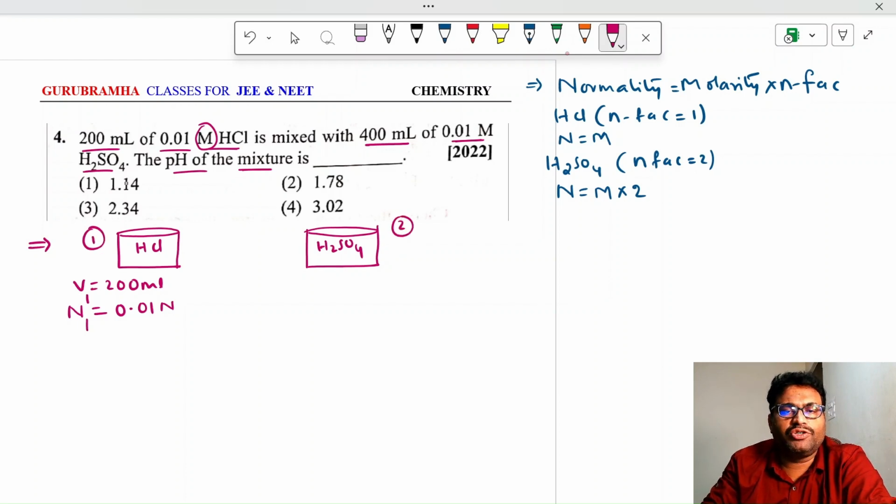This is solution 2, so volume 2 is given as 400 ml, and normality is molarity into N factor, that is 0.01 into 2, which is equal to 0.02 normal, N2.